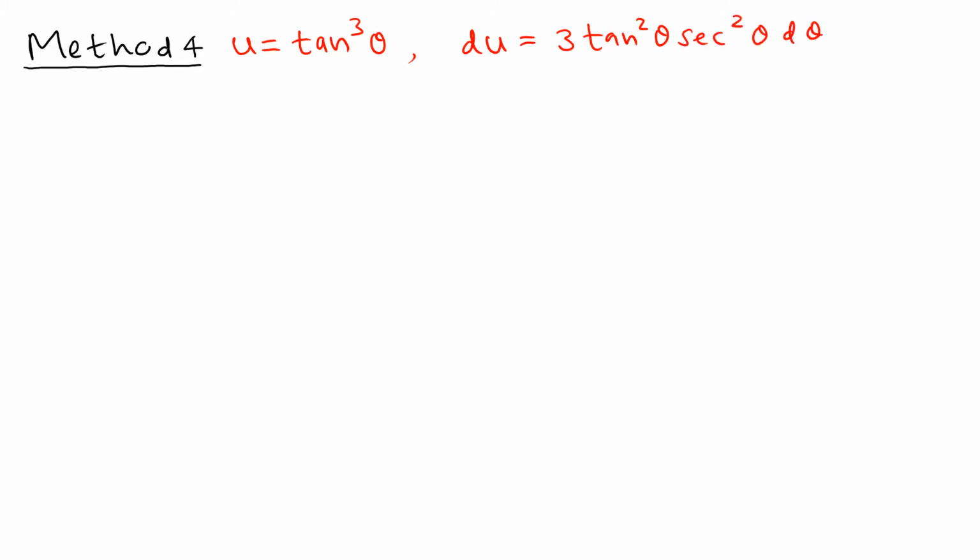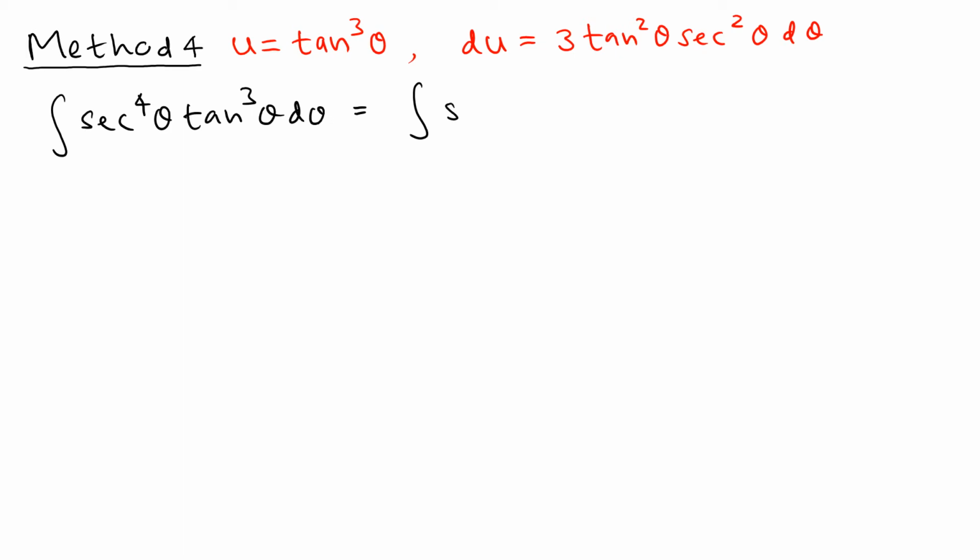So this is again, the steps are very similar to the previous method. So we're going to go with secant 4 theta tan 3 theta d theta. So again, we leave a space here. So again, we can isolate tan squared, secant squared from the integral.